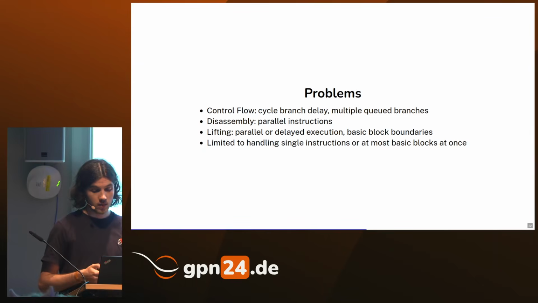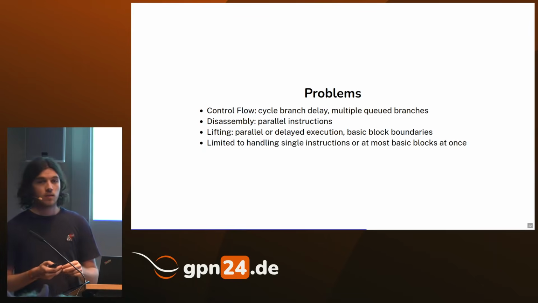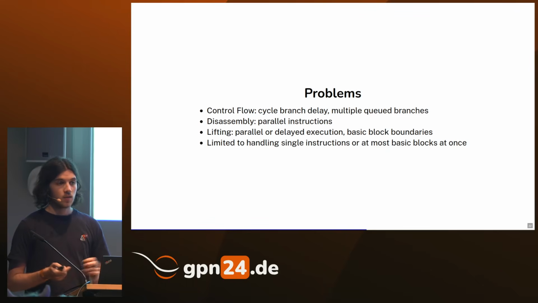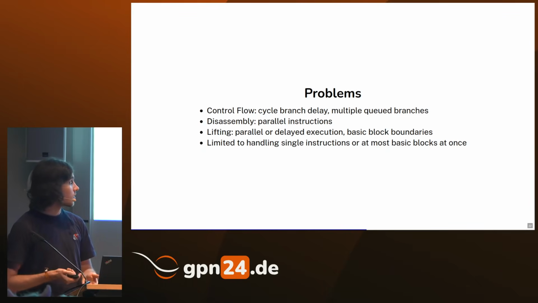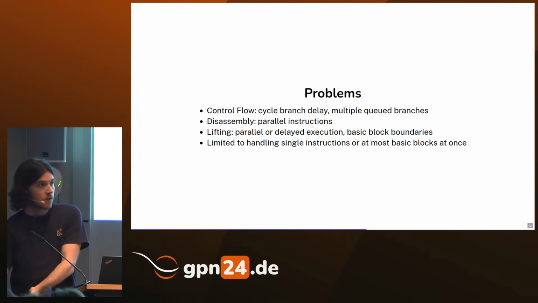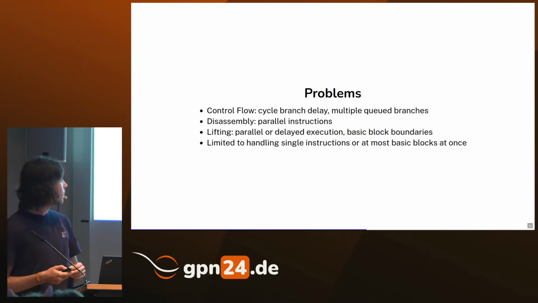And the second part is basic block boundaries, because if we split our function into basic blocks first, and we have instructions that are delayed and still pending when we reach the end of a basic block, then we need to handle the conflicts that arise and decide if we want to translate them in the first basic block or somehow transfer them to the target.